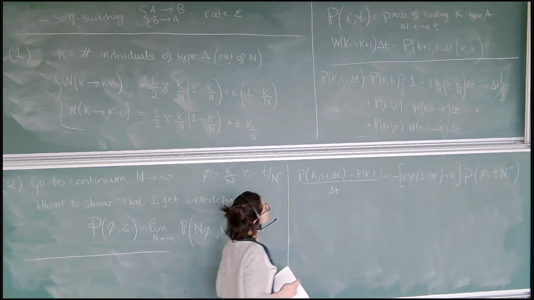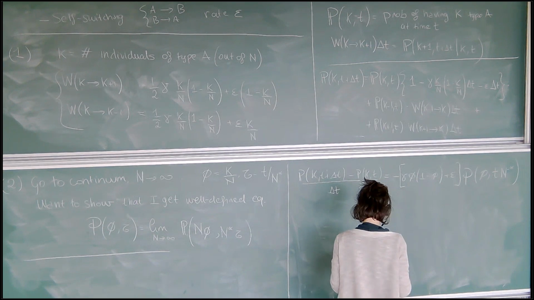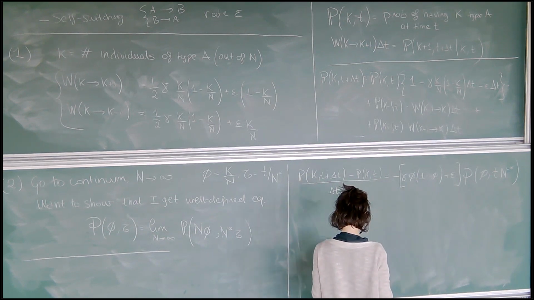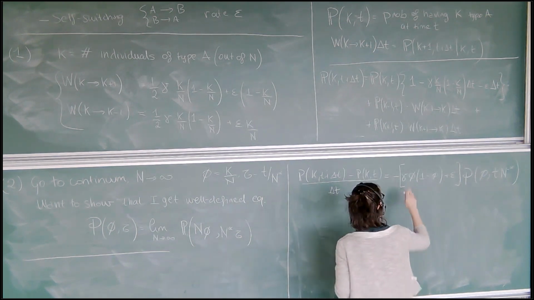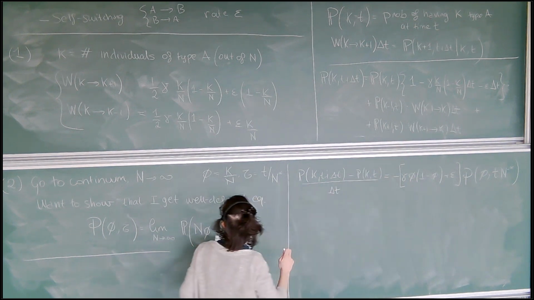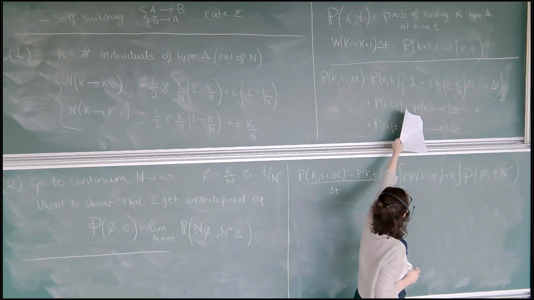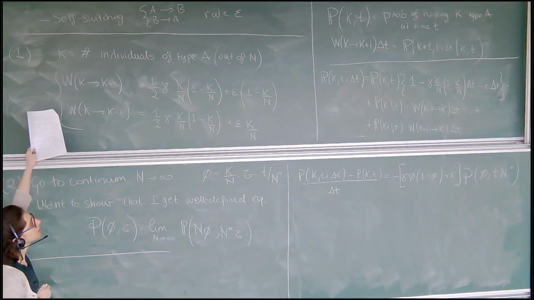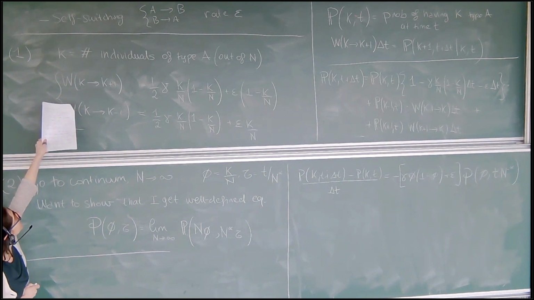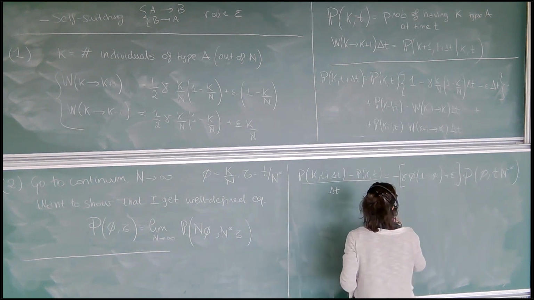But if I look at what I have below, things are a little bit more complicated. We have to remember which were the rates in there. So what was W? This was W going from k minus 1 to k. So you have to look at this expression in here, and you have to replace k with k minus 1. I will write just the first term.